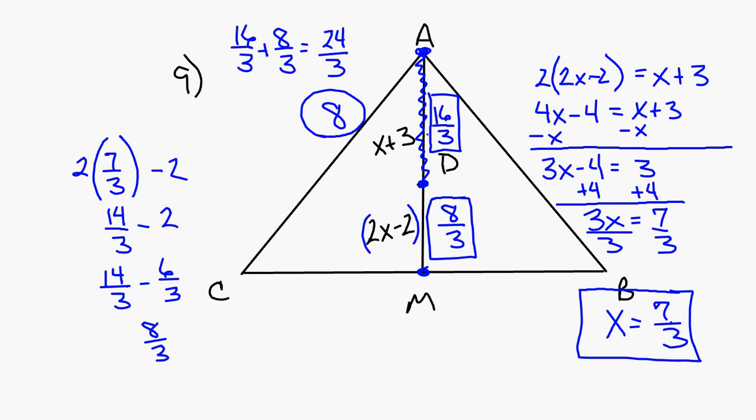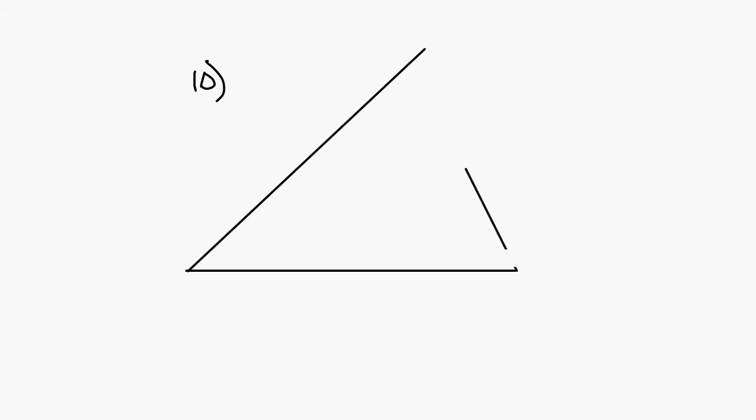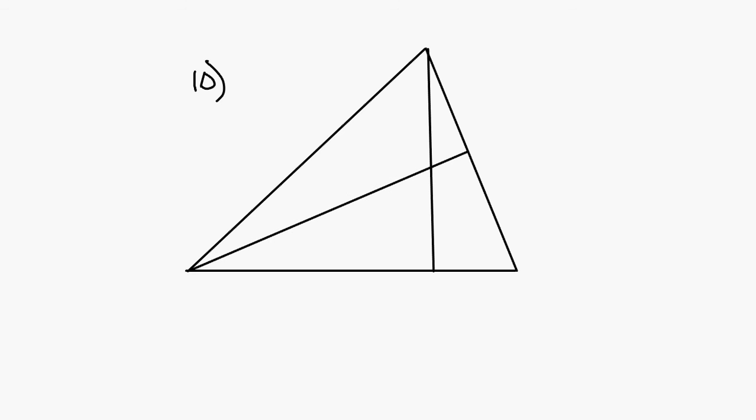All right, and then in number 10, you've got a triangle there with some different segments in it. So here's your outside triangle. Got these three segments in the triangle.